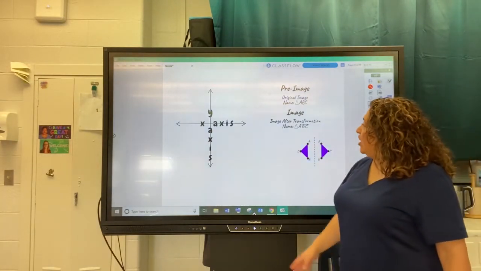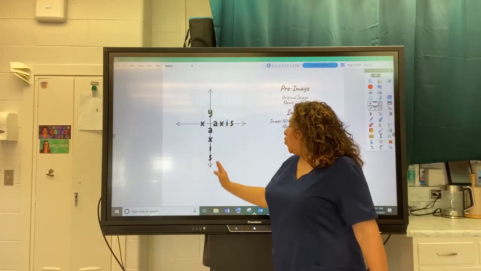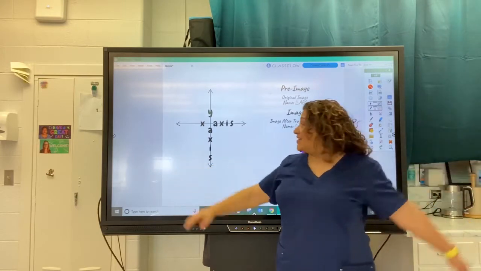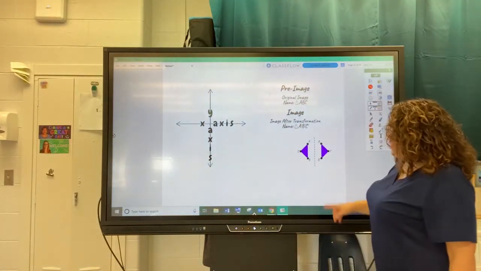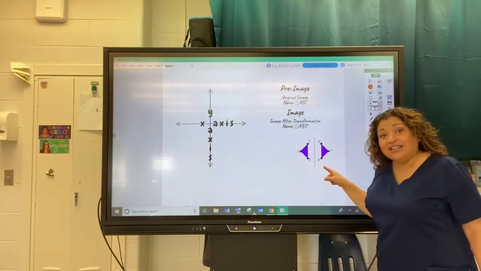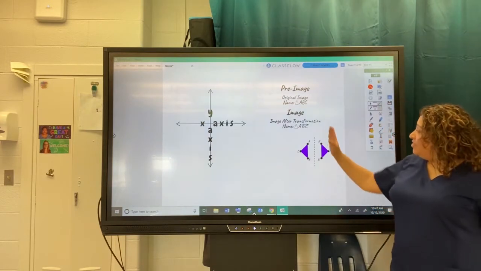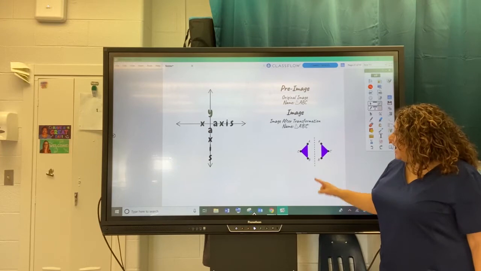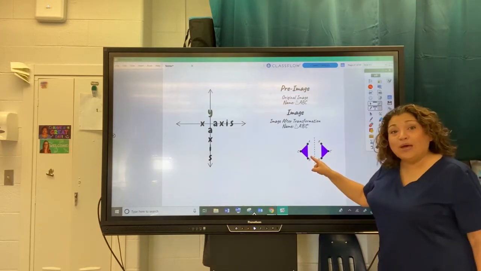So again, you have to make sure you know where your y-axis is. That's this one. And your x-axis, which is this one. And if you look at this tiny little example here, you'll see this is our y-axis. And this triangle is the pre-image.